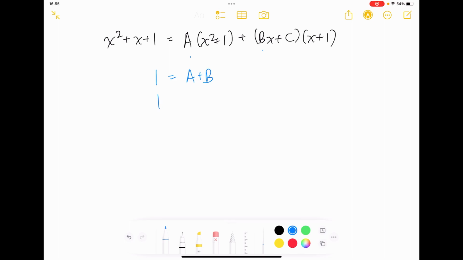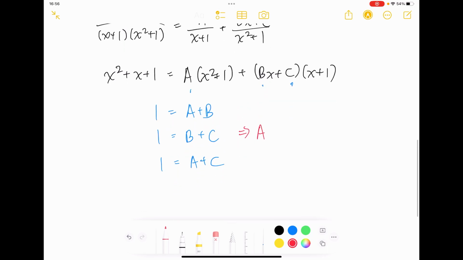The coefficient for x: it doesn't have an a, it has a b and a c, so b plus c. And the constant term is a plus c. And we can see that this clearly means that a equals b equals c equals a half.